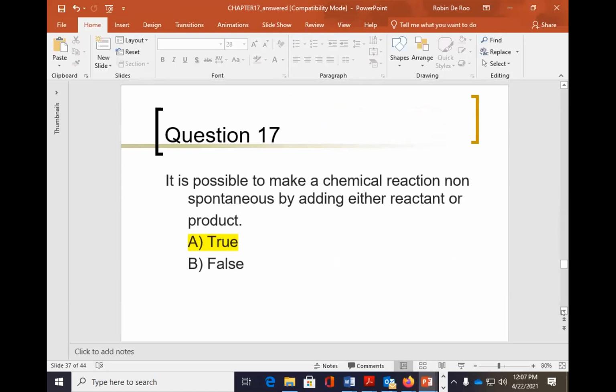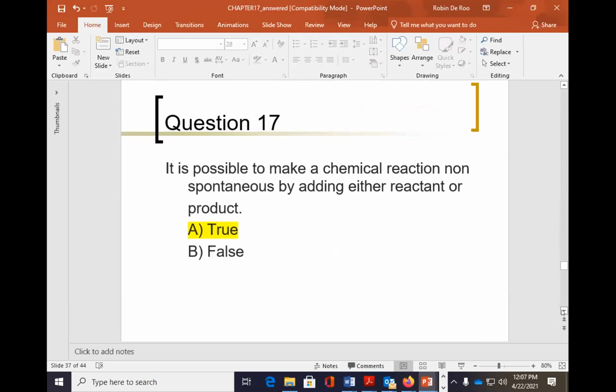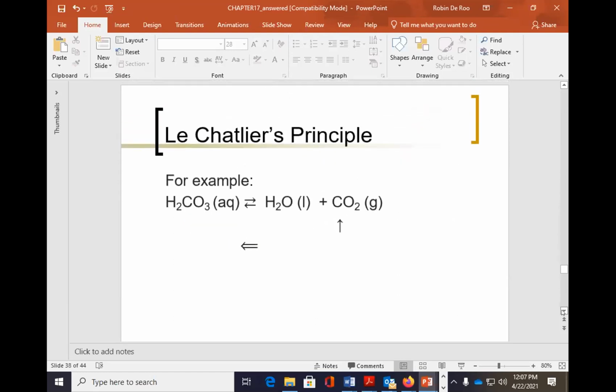As Le Chatelier. I believe I have an example. Yep, here's my example. So we know that decomposition of carbonic acid is spontaneous, but if you bubble carbon dioxide gas through a solution, you could, according to Le Chatelier, push it backwards.